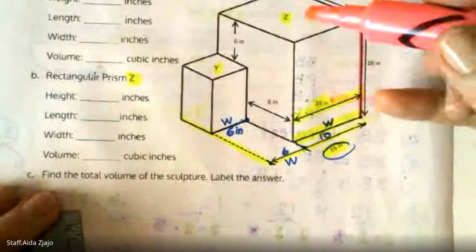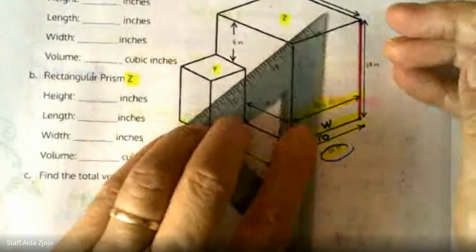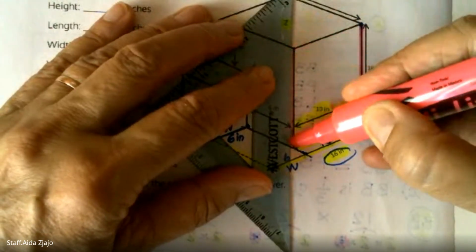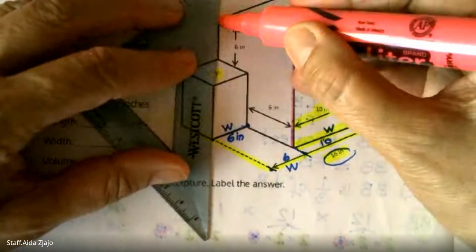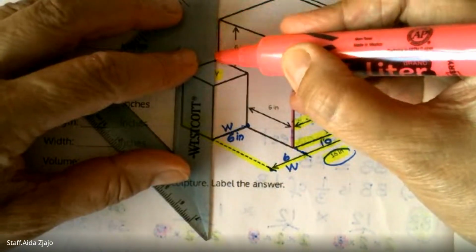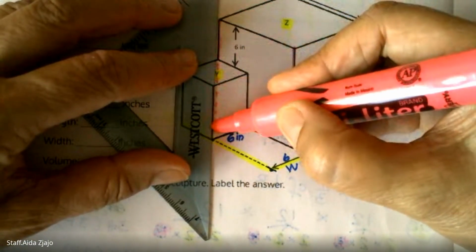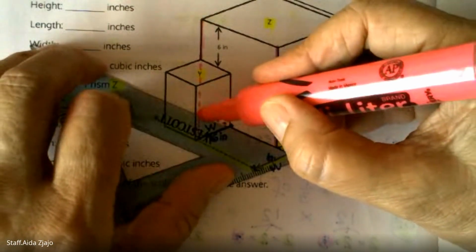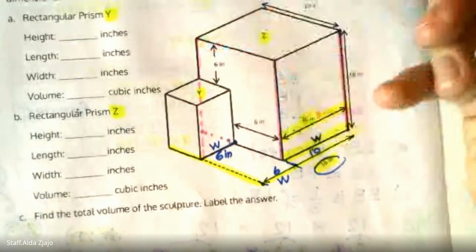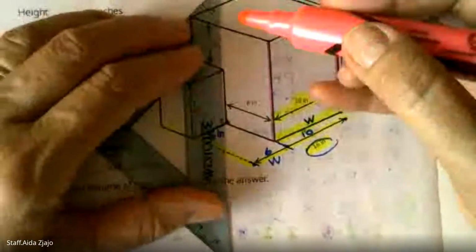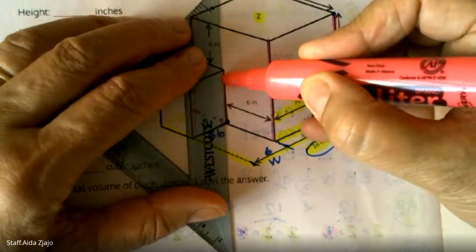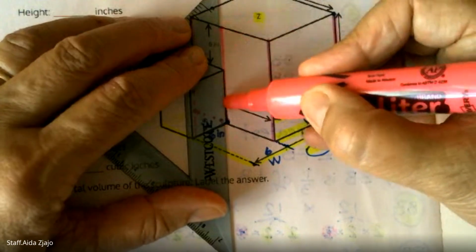The length is also right here, so here is also 18. And the length could also be here, from the bottom of the small to the end of the large.